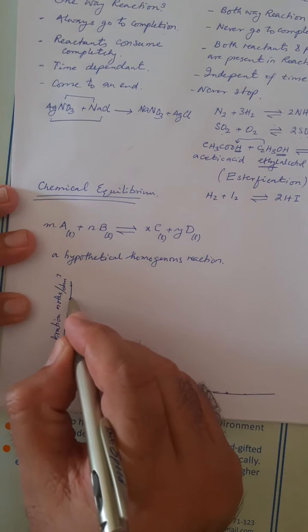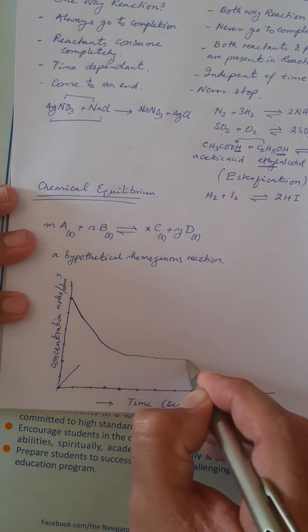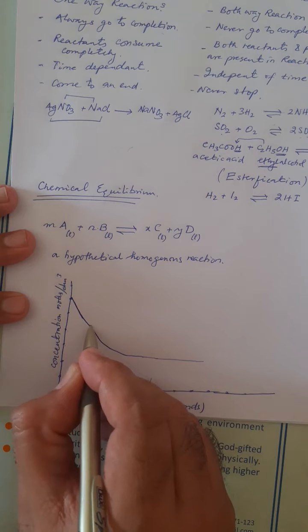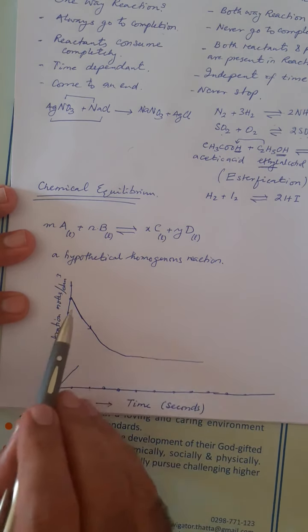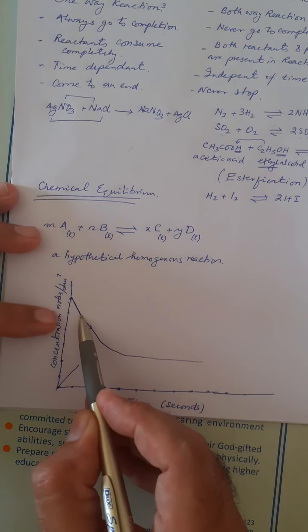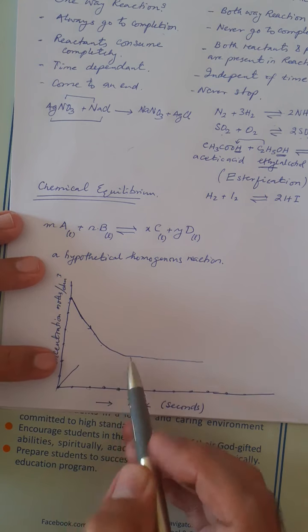As the concentration changes, we see that the graph becomes parallel to the x-axis. The graph becoming parallel to the x-axis, what does it show? The quantity of A and B was 110. Then it became 100, 80, 60, let's say 45.